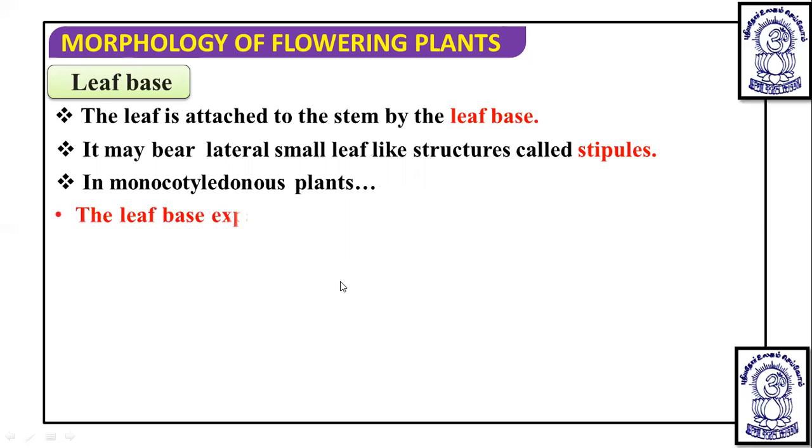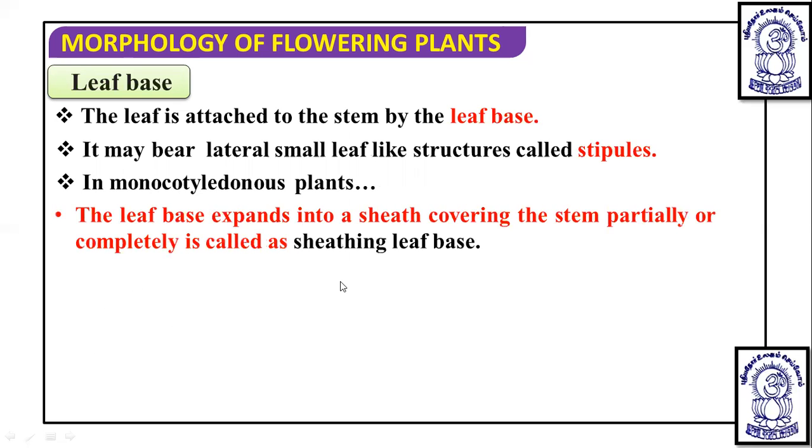In monocots specifically, the leaf base is much expanded into a sheath-like covering, and when that sheath covers the stem partially or completely, it is known as the sheathing leaf base. It means the leaf base is flattened, sheath-like and expanded, and it is covering the stem partially or wholly.